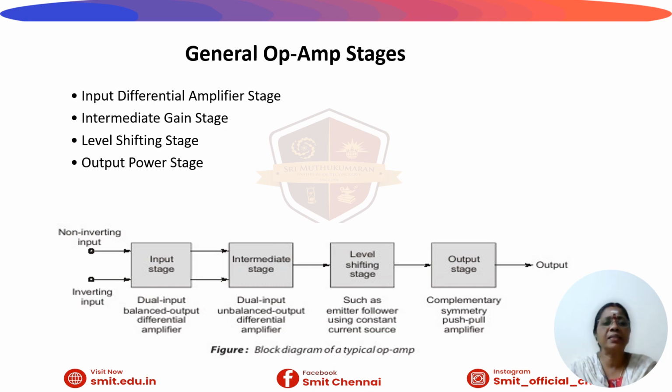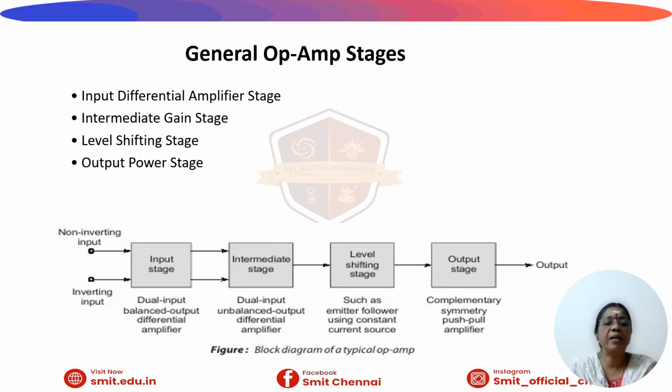The general characteristic of an op-amp is that two input terminals are given, one non-inverting input and one inverting input, and one output is taken. So to maintain the difference between the two input voltages as minimum, and the output as an amplified output voltage, the internal block description is given as shown in the figure.